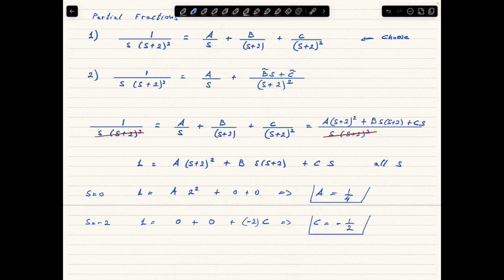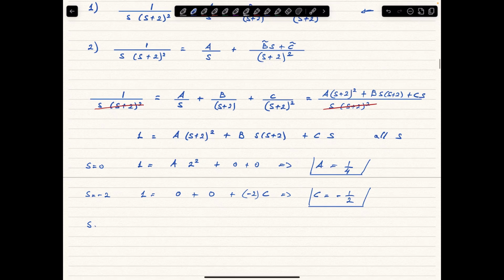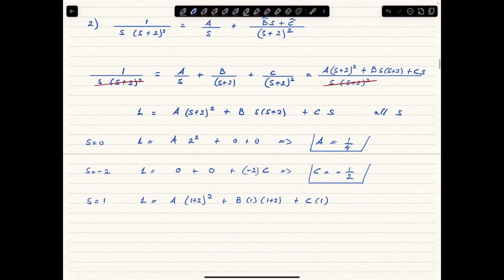And now what do we do? Well, now we evaluate at any other s that we like, because we ran out of roots. So let's say s equals 1. So we are going to have 1 equal a times 1 plus 2 all squared, then b multiplied by 1 plus 2, plus c multiplied by 1.